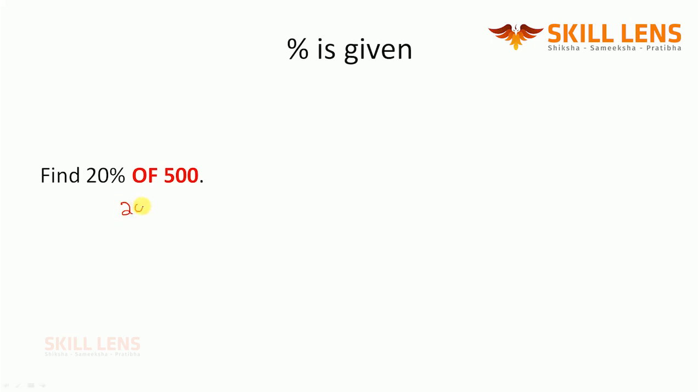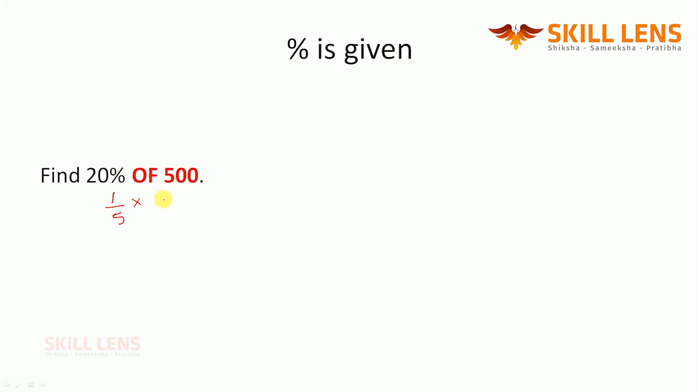Let's see, when the percentage is given, how are we going to do this? Find 20% of 500. So 20% is 20 divided by 100, "of" multiplied with 500. But there is no need to write 20 by 100, because we already learned 20% is 1 by 5.